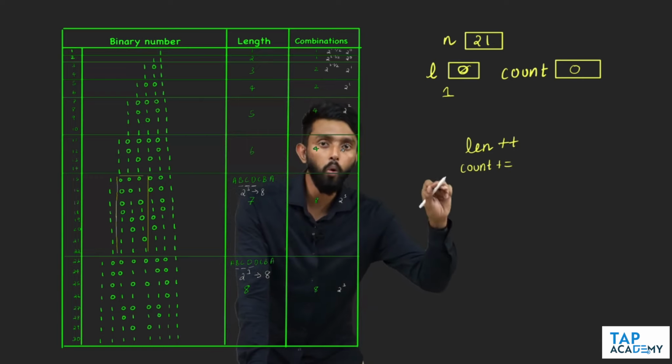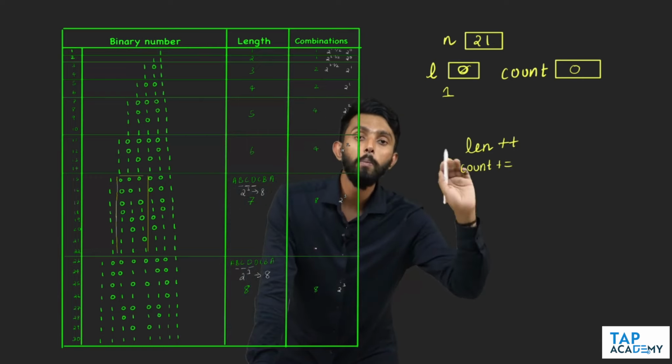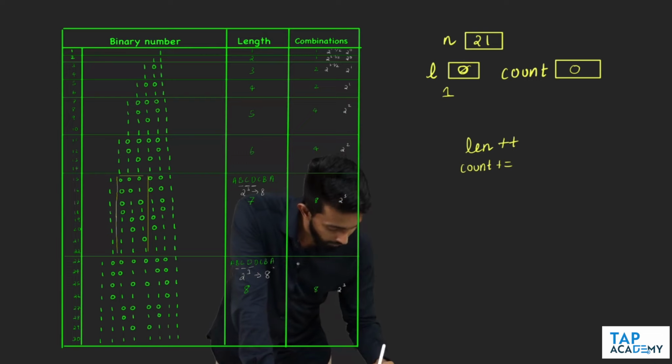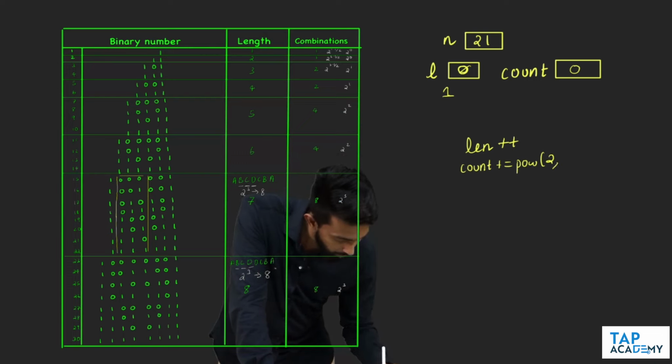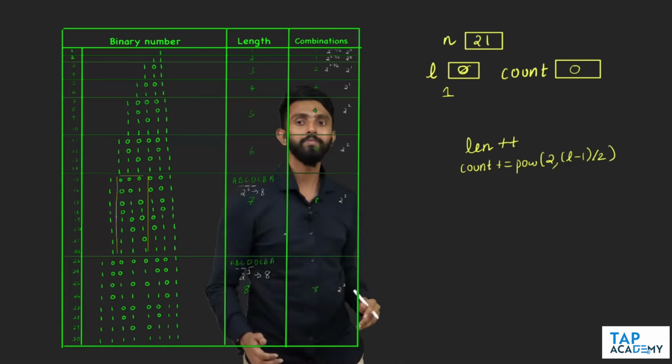What is plus equal to? Count equals the old value of count plus the number of combinations. How will you find this? Simple. Take 2 to the power of length minus 1, where length is L, divided by 2. That's it.